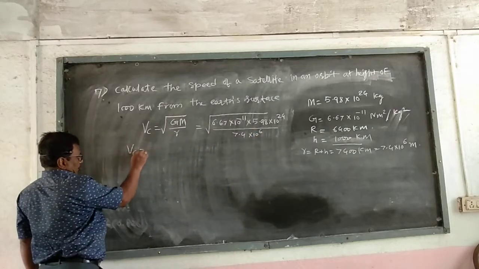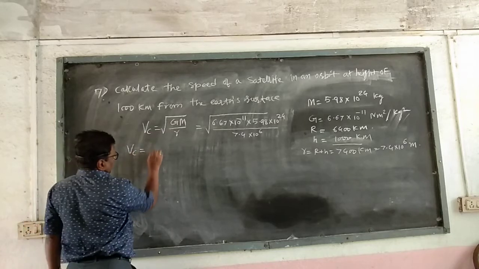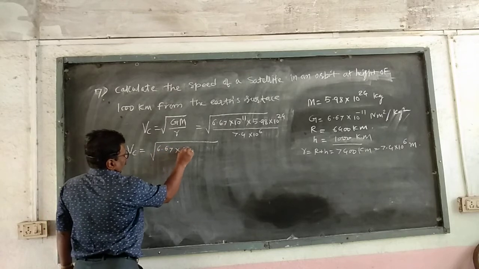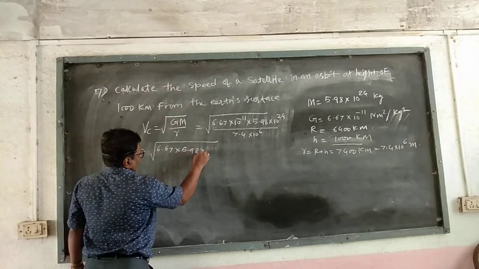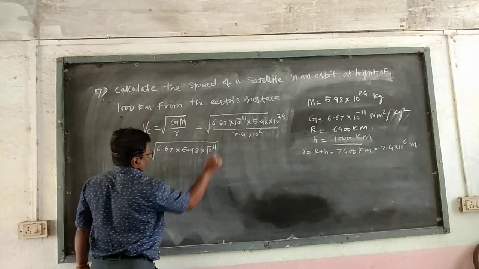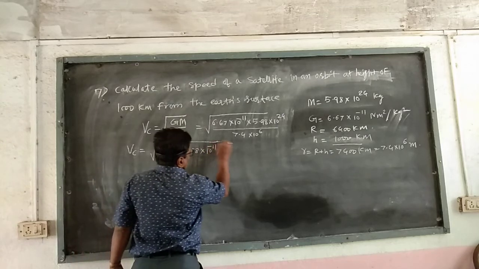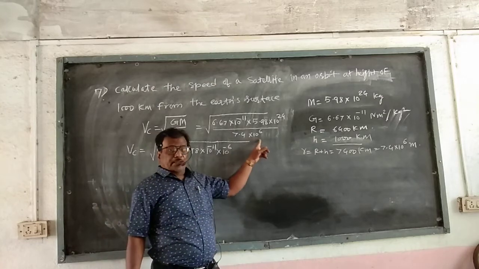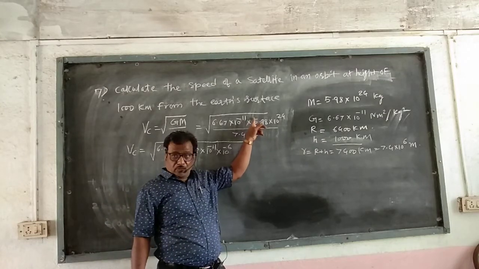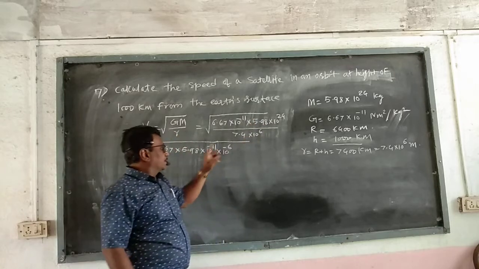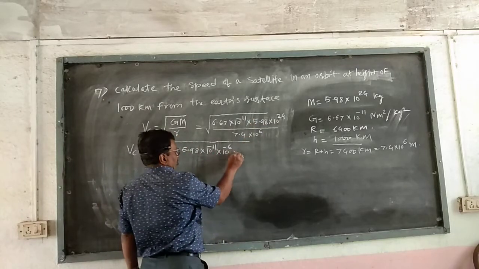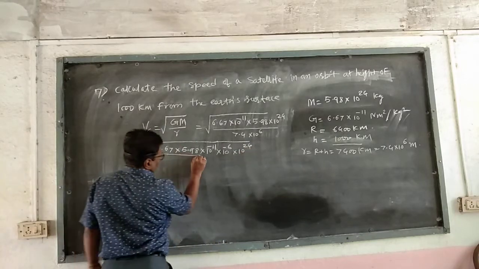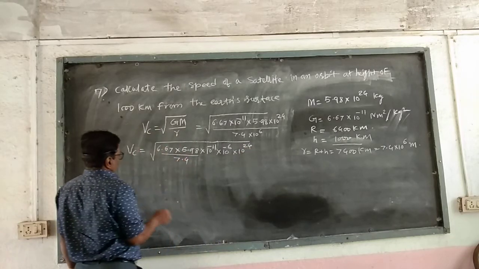We get critical velocity equal to 6.67 into 5.98 into 10 to the power minus 11 into 10 to the power minus 6. There is a plus 6, when we shift it to numerator it becomes negative. So that is 10 to the power minus 6, 10 to the power plus 24, divided by 7.4.